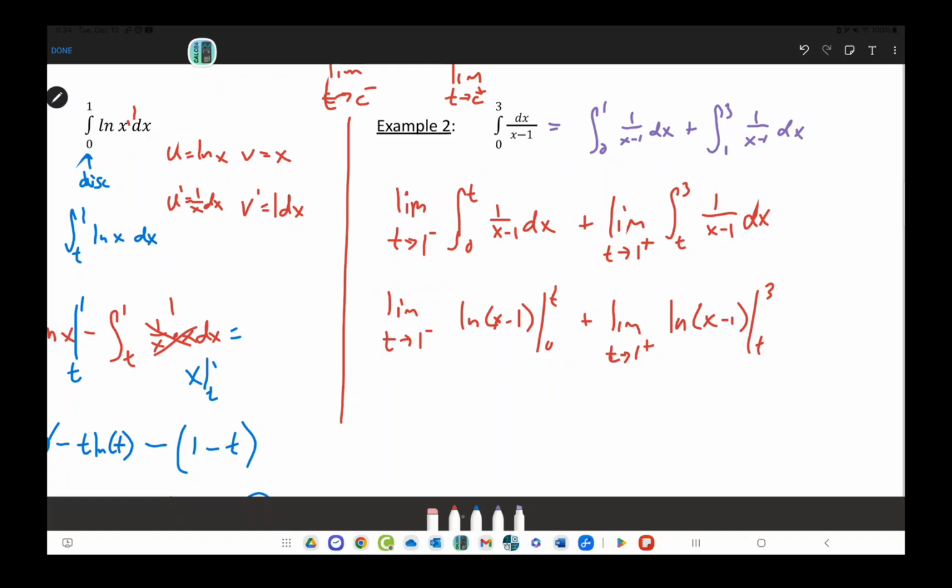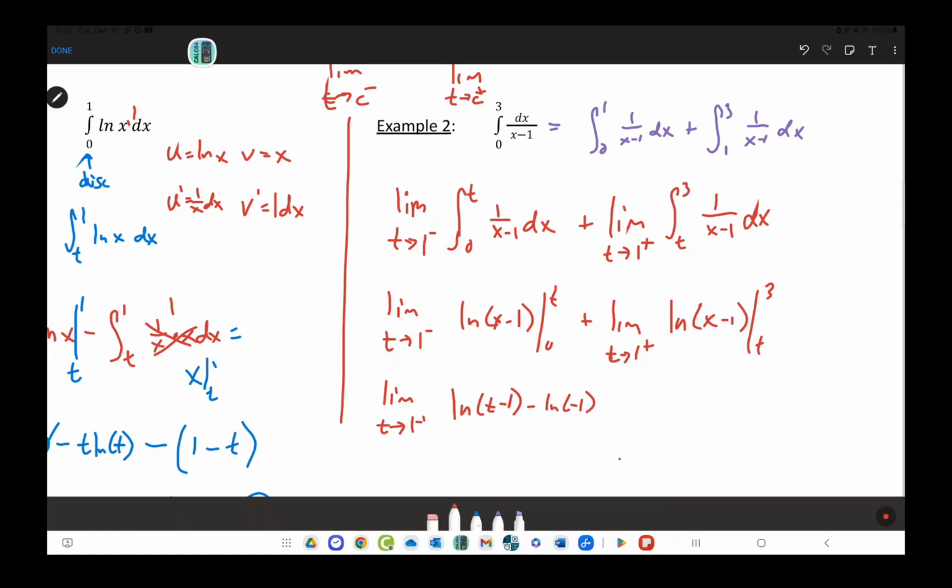All right. Now, the issue here is what? If I plug in 0, what do I get? A natural log of negative 1. What's the problem with that? Yeah, you can't do that. Right here, this gives you the limit as t approaches 1 from the left of natural log of t minus 1 minus natural log of negative 1.